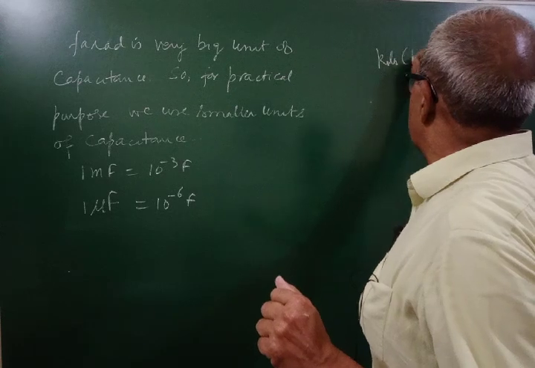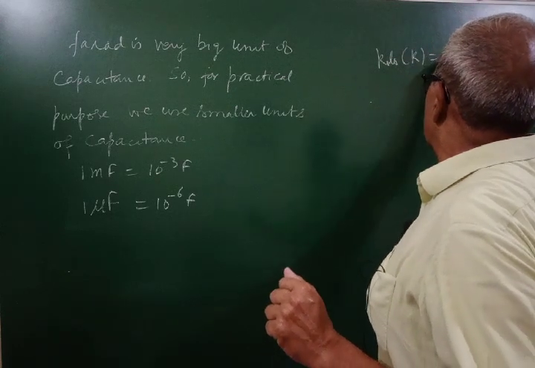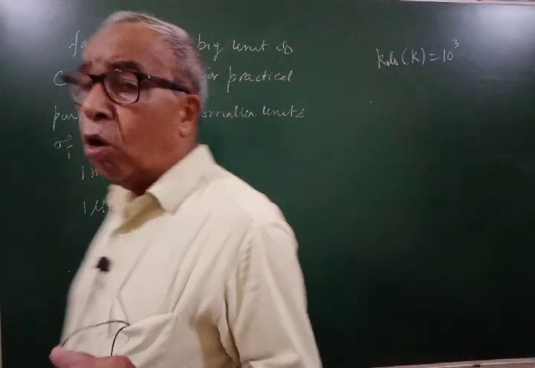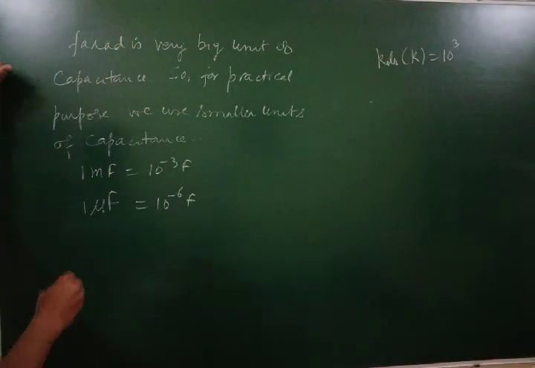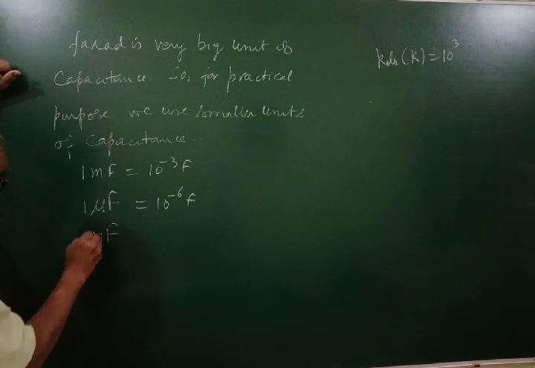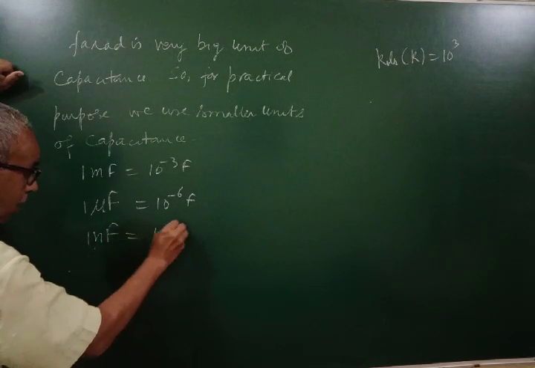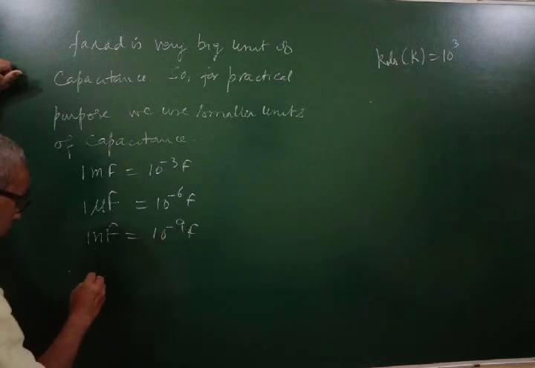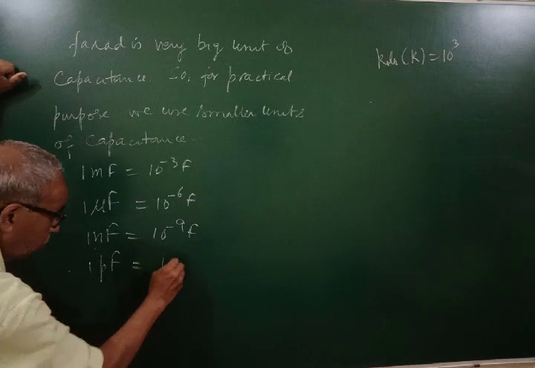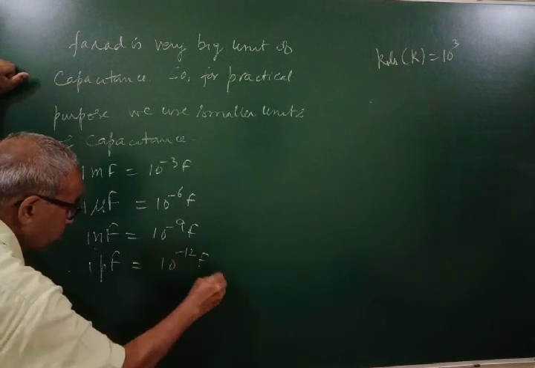Actually kilo, small k, equals 10 to the power 3. Like that, kilo ohm, mega ohm, you might have heard. 1 nanofarad, small n, is 10 to the power minus 9 farad. Picofarad is also there, 1 picofarad is 10 to the power minus 12 farad.